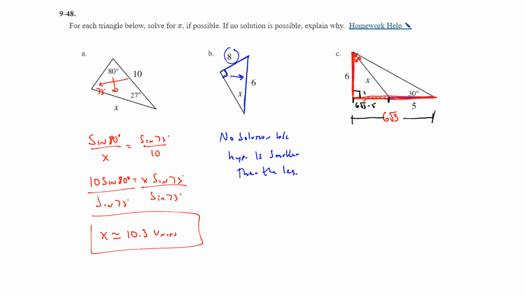So this length right here is approximately 5.39, so we can do Pythagorean theorem. 5.39 squared plus 6 squared is equal to x squared. And then we can take the square root of both sides, so x would be approximately equal to 8.07, and that would be in units.